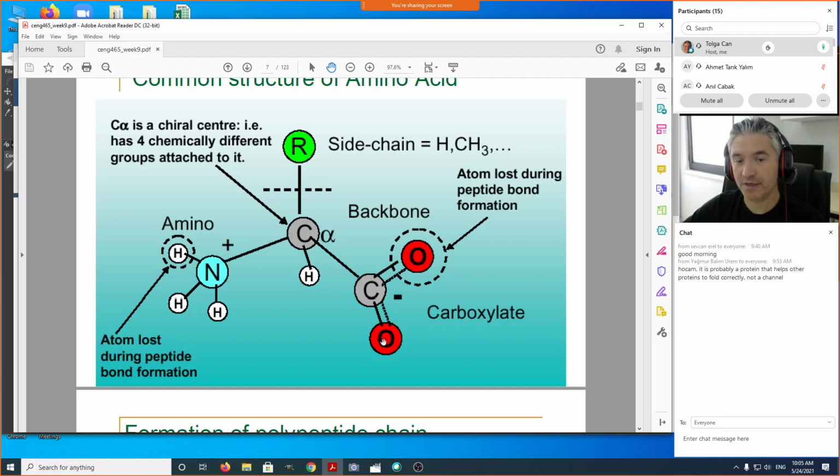That's a really interesting thing. Every amino acid has these four atoms as a common backbone. What makes one amino acid different from another is this R part. Therefore, sometimes amino acids are called residues. This residue part, the additional part, determines the type of the amino acid.